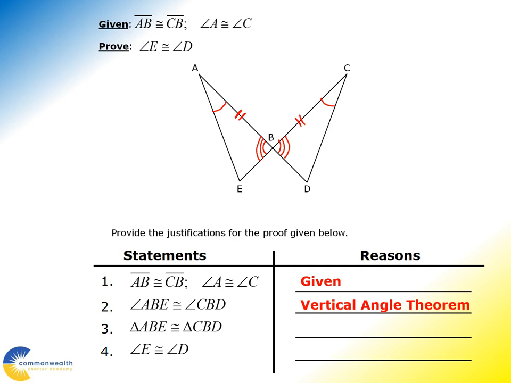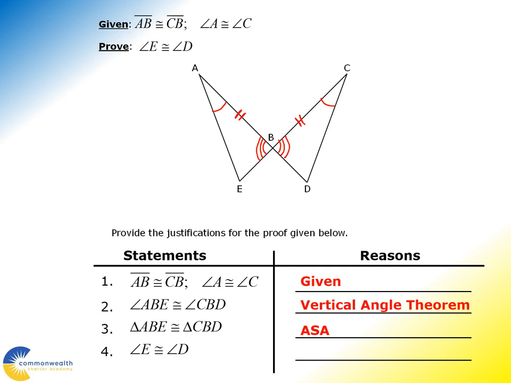So I want to look at that pattern. I can see from the markings that I have 2 pairs of congruent angles between the 2 triangles and a pair of corresponding congruent included sides. So this is an ASA, or angle-side-angle, setup. So by the angle-side-angle postulate, they're congruent to each other.